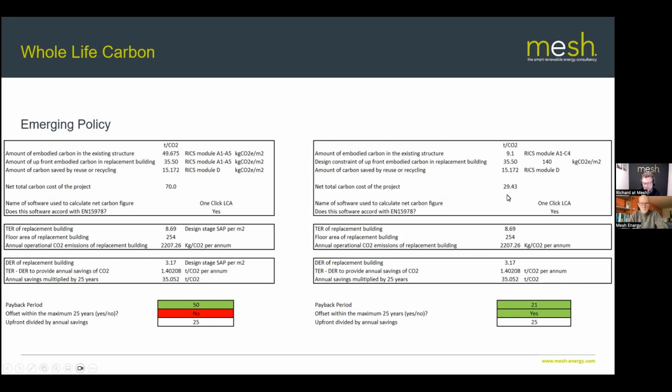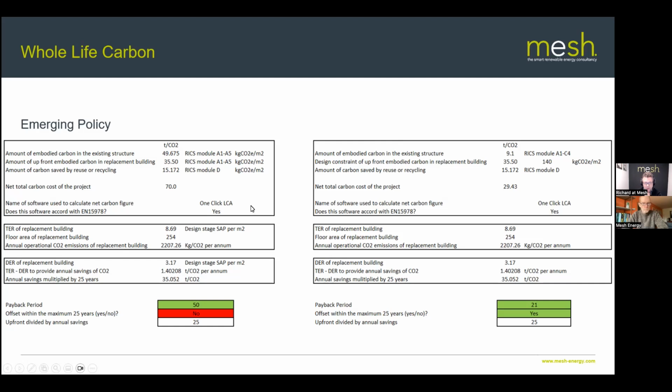And what that does is give you a net carbon cost of the project. And it then looks at the SAP calculations for the new build, so the TER and the DER, and it provides the annual saving. And the combination of those figures basically determine the payback period and whether it's compatible with local policy. Now, one of the policies we're quite commonly working with at the moment skews this.